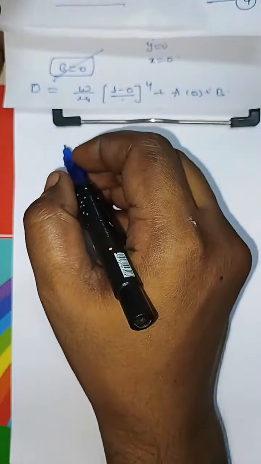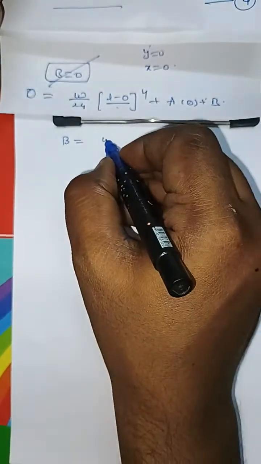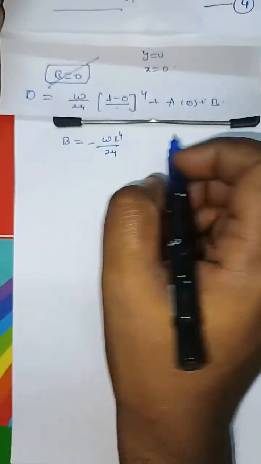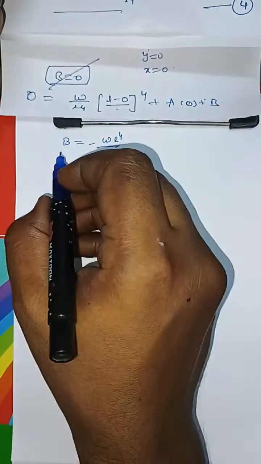Once we have A, B comes out as W into L power 4 by 24, and that is also with a minus sign.